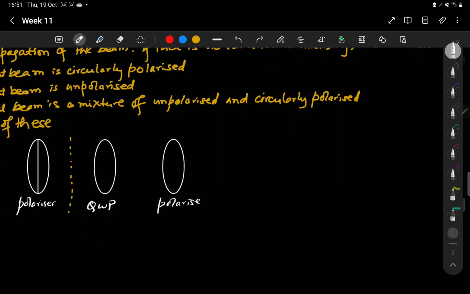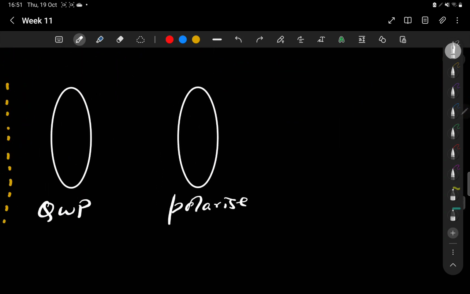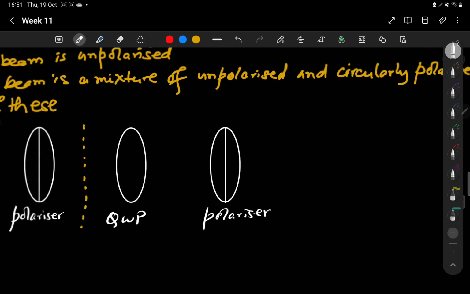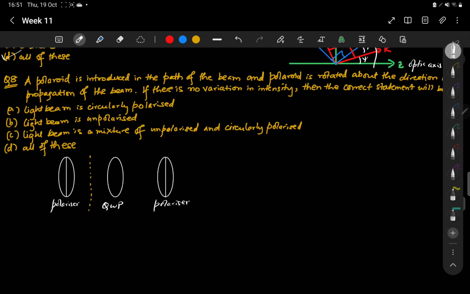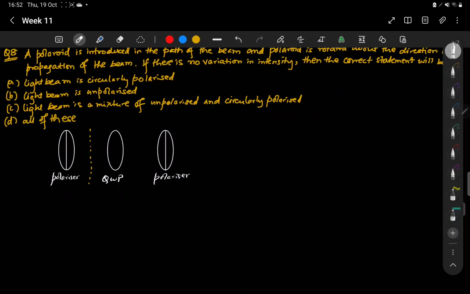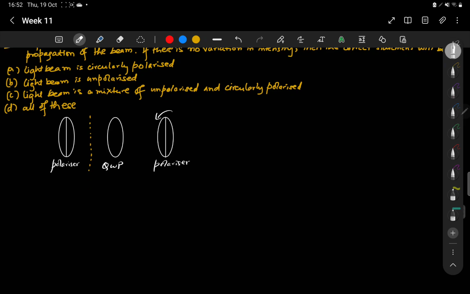Okay, I need to zoom in. Okay, so this line denotes the fast axis. We will keep the quarter wave plate fixed and rotate the polarizer.